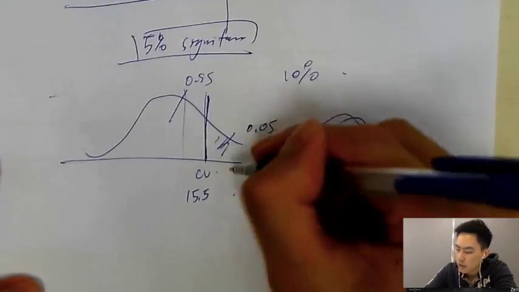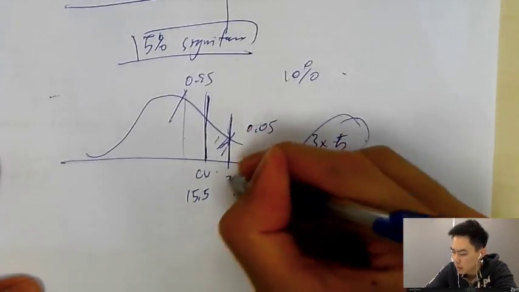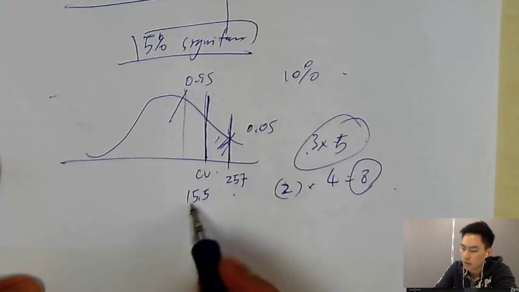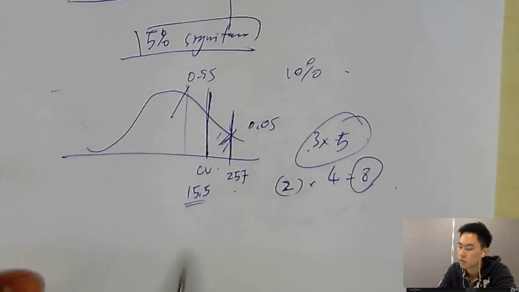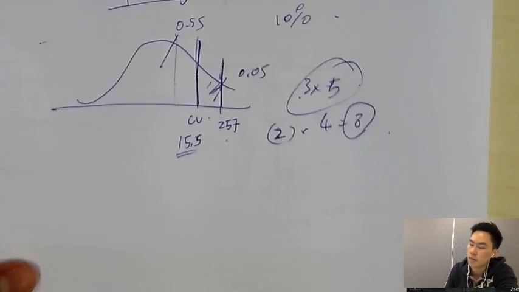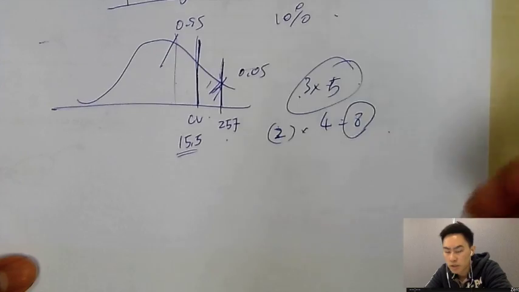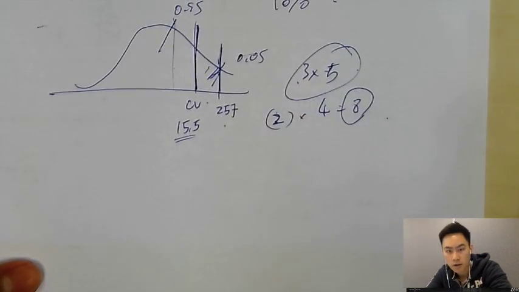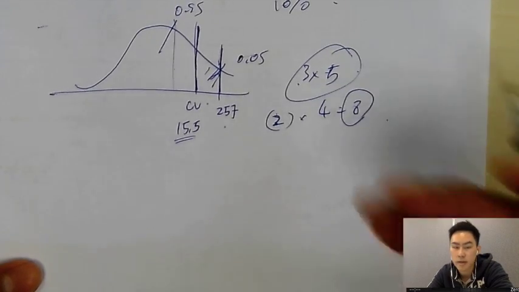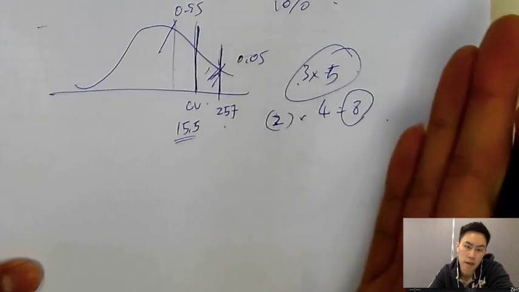So I know that obviously 257, the chi-square test value, is on the right-hand side of the critical value, is more than that, but what does that imply, right? Many students don't understand this part, so let me give you an analogy. Let's say you're drunk and you drive the car, and suddenly a police officer comes in and wants to test your alcohol level.